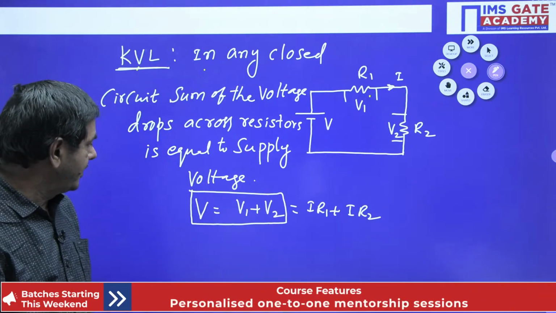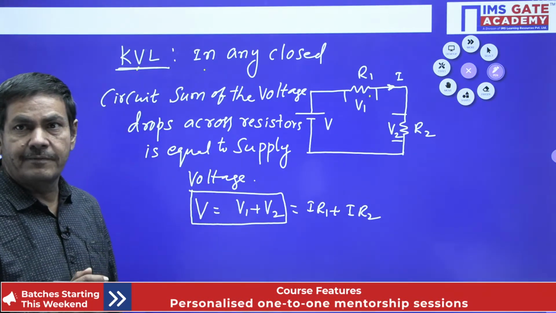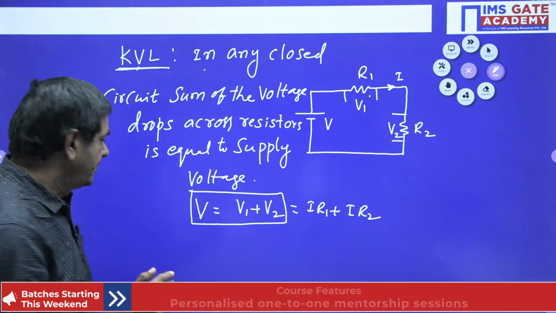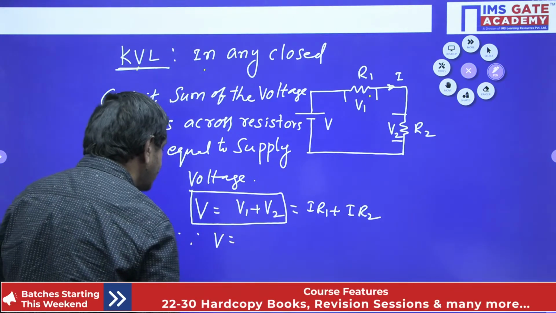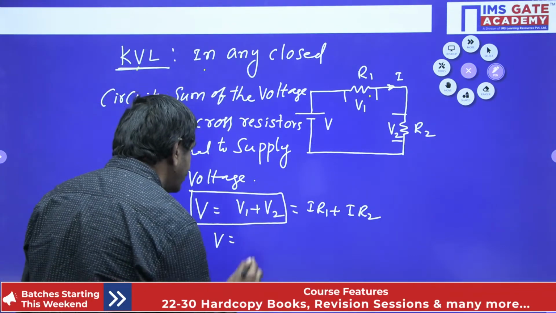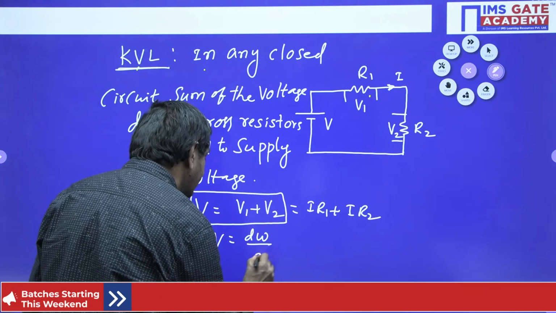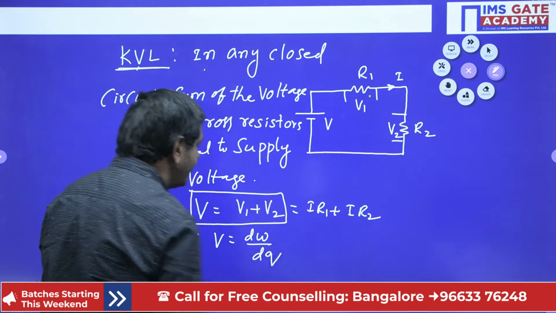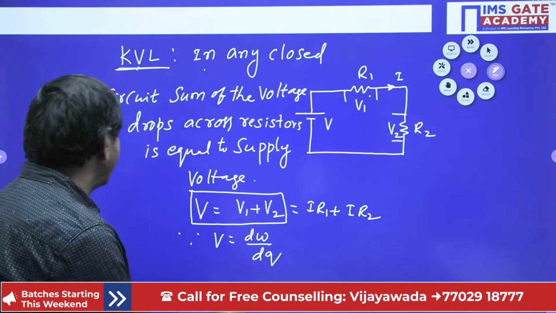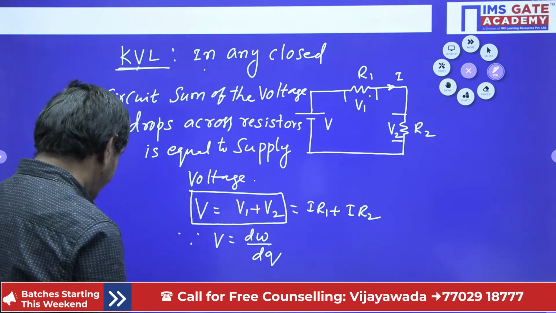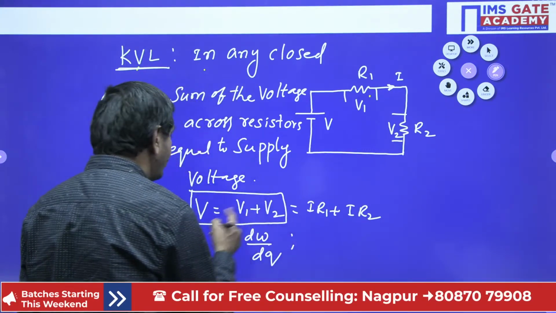But we know very well the definition of voltage I gave. Voltage is nothing but work done by charge, dW by dQ, given already. dW by dQ equal to voltage. That formula I can apply here. When I apply that formula, V equal to V1 plus V2.